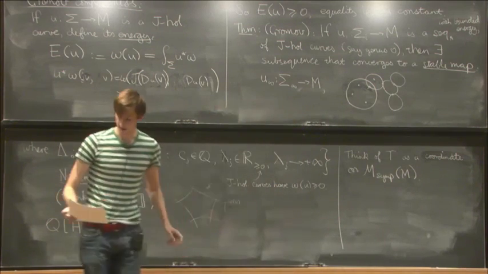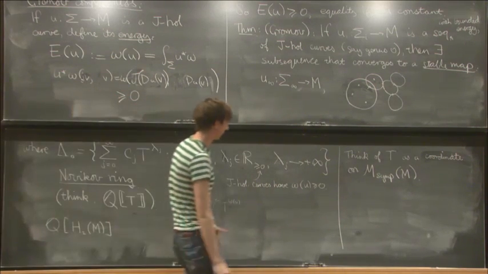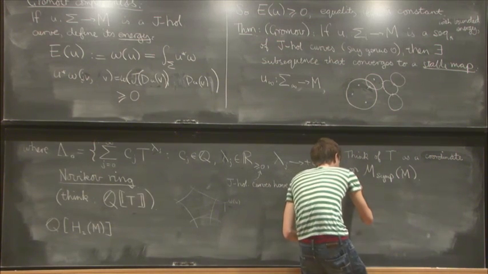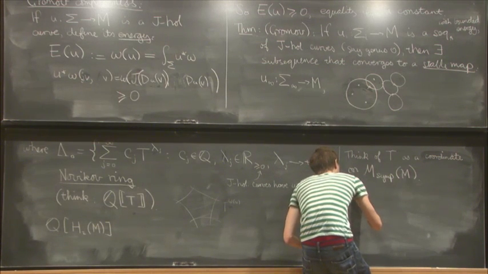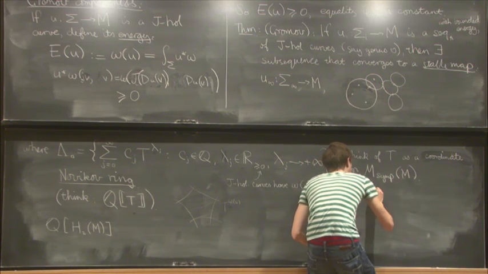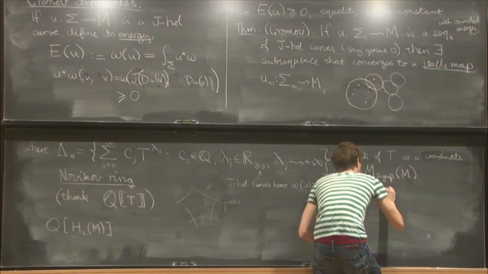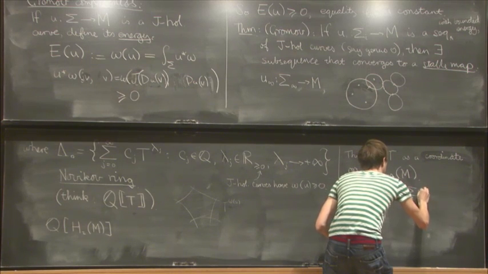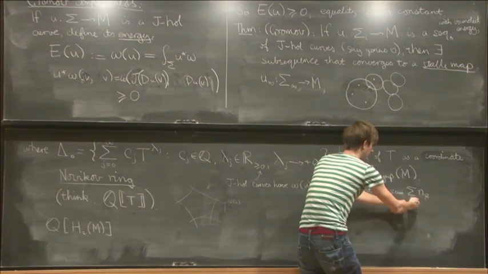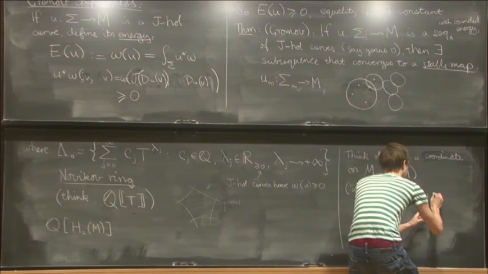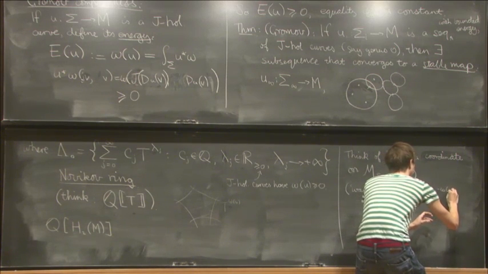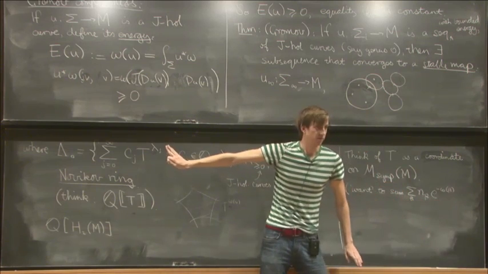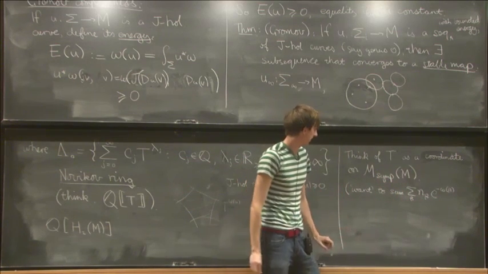So maybe this is obvious, but I said last time that in our A model we wanted to sum over classes beta, the number of curves in class beta, e to the minus omega of beta, which, as I just explained, is very difficult to see if it's well defined.